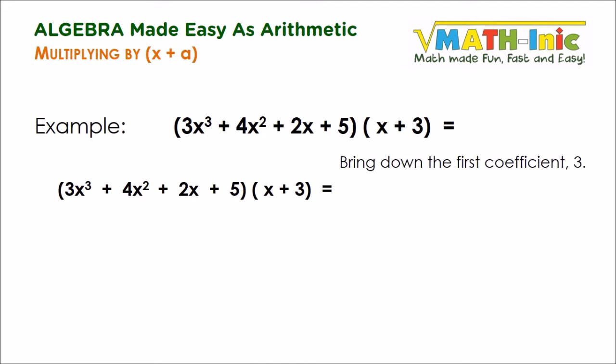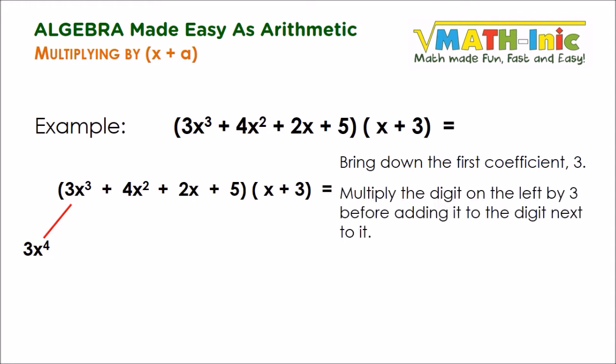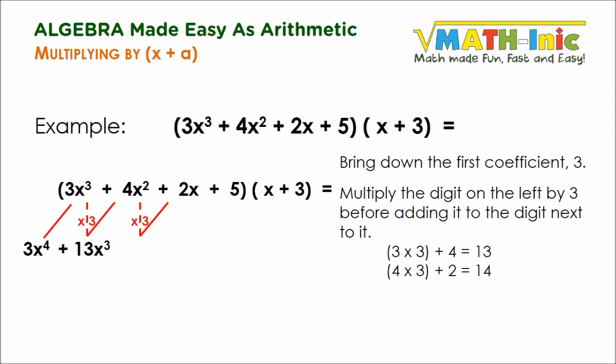We bring down the first coefficient, 3, again increasing the exponent of x by 1. Then we'll multiply the digit on the left by 3 before adding it to the digit next to it. 3 times 3 is 9, plus 4 is equal to 13. 4 times 3 is 12, plus 2 is equal to 14. 2 times 3 is 6, plus 5 is equal to 11.